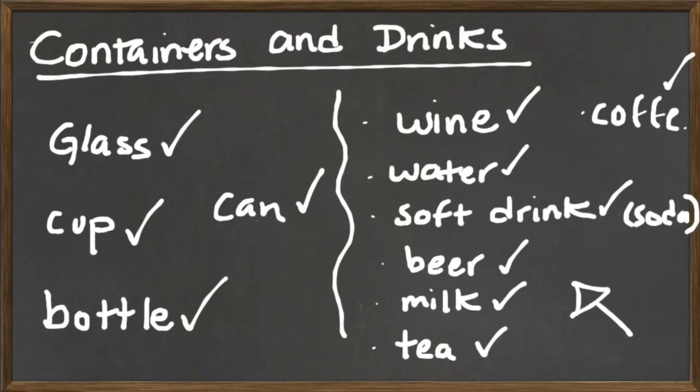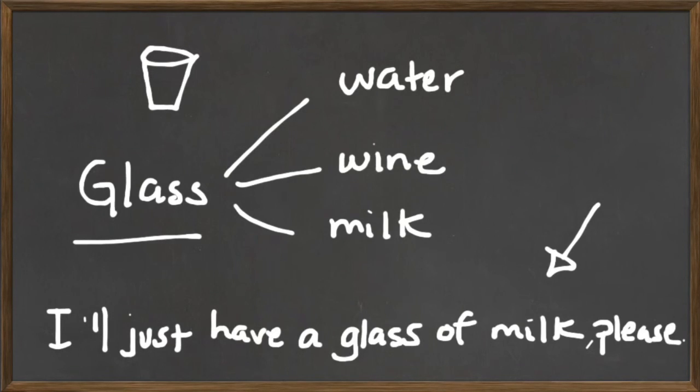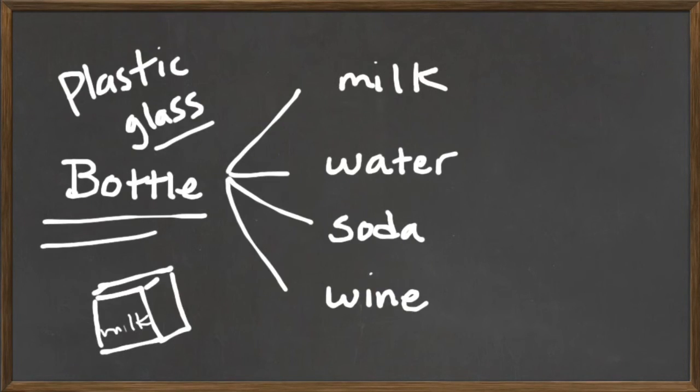Now we have containers and drinks. We have glass, cup, bottle, and can. And we have some examples of drinks such as wine, water, soft drink, which don't forget is soda, beer, milk, tea, and coffee. For glass, we normally use glass of water, glass of wine, glass of milk. For bottle, we have bottle of milk, bottle of water, bottle of soda, and bottle of wine.